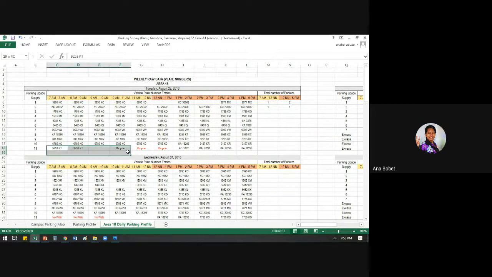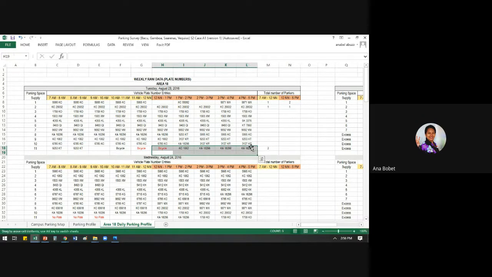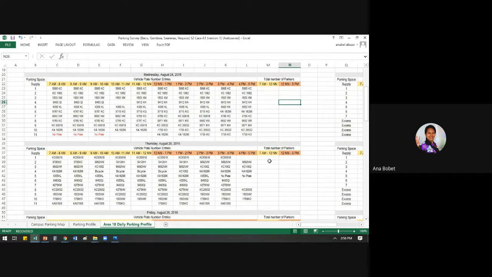Here in the morning, at the top we have 1, then 2, with bicycle as one of them. And here in the afternoon that's 10, 10, 10, 18, three. So three vehicles. That's just the number of parkers by vehicle, so it's volume related. You do that for the data here.